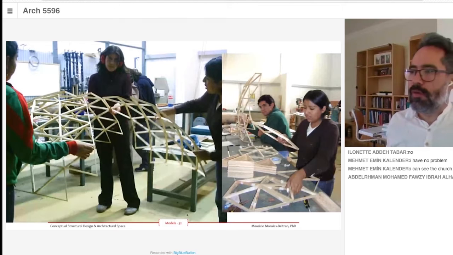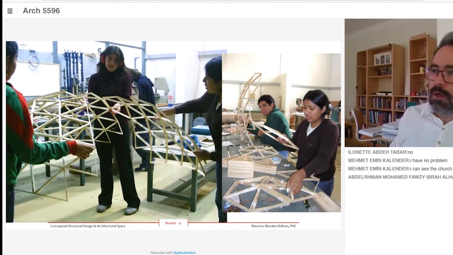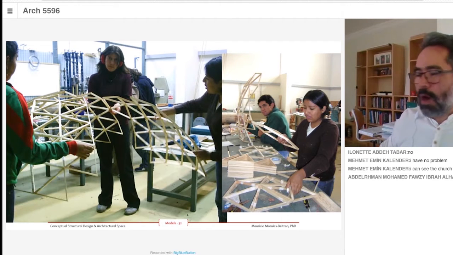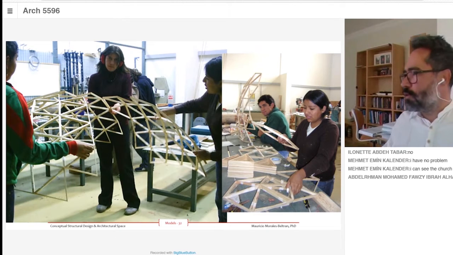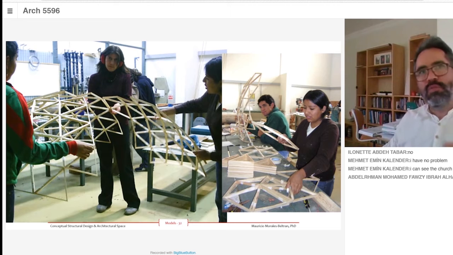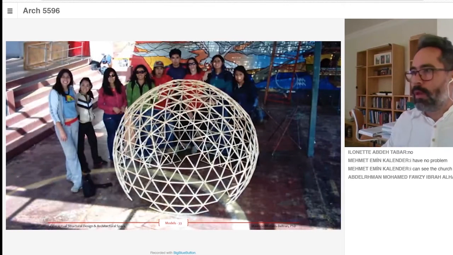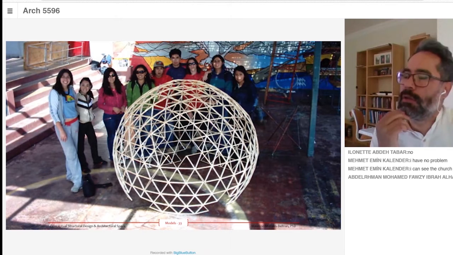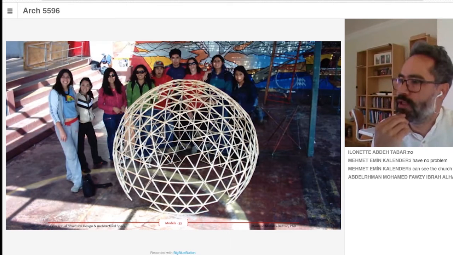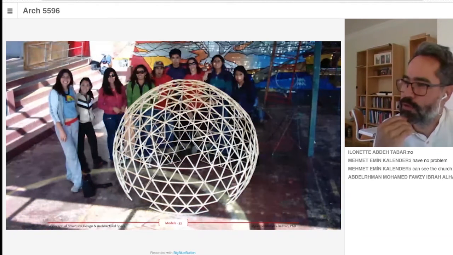There was a lot of cutting, a lot of assembling, and a lot of marking, and they used a lot of colors, which unfortunately I don't have a picture of, to understand which part was going where. And this is the final result. It is the geodesic dome, of course, a simplified version of the geodesic dome made completely out of timber bars.